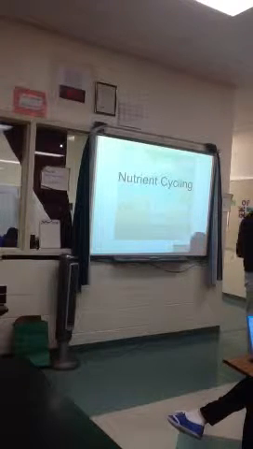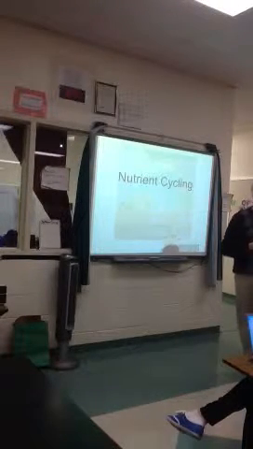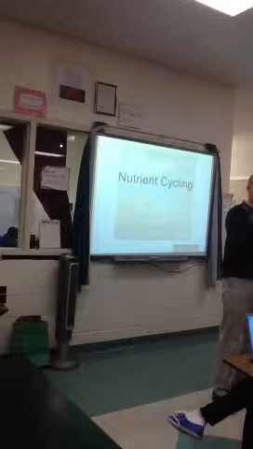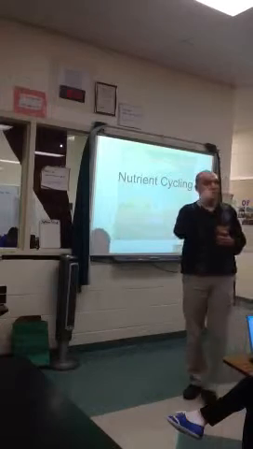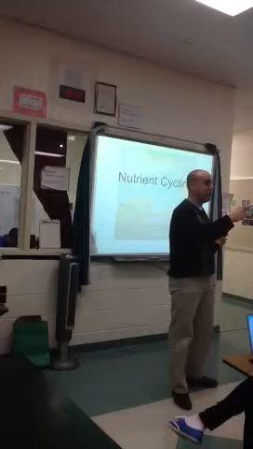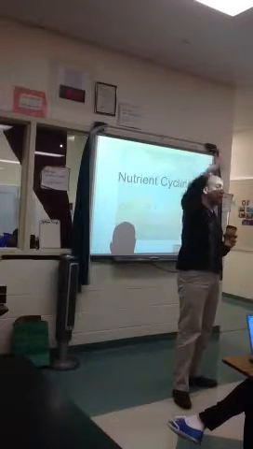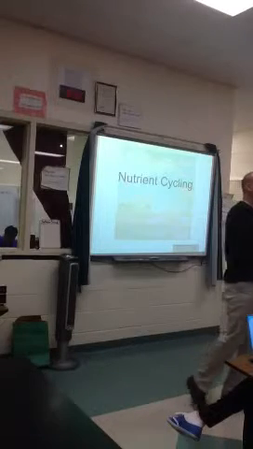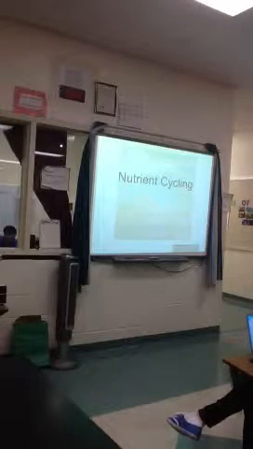As opposed to having a constant input of water, you're just cycling the water. Well, that's how nutrients are in an ecosystem. Nutrients are cycled. There's a certain amount, and it's just constantly cycled, as opposed to energy, which is a constant input and eventually a loss over time. So again, just a visual to help with those two concepts, okay?